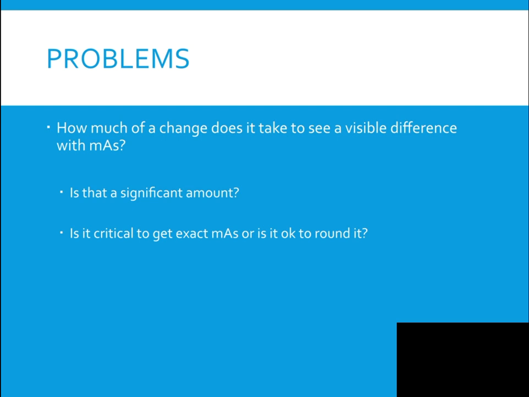It may go to 6. So is that really going to be a problem? The answer is no, because it's going to require 30% change just to see the minimal amount of change on the image receptor. So that change from 5 to 6 is only going to be 20% of change. You don't really want that 20% change, but you can't get around it. So you're just going to have to deal with it.